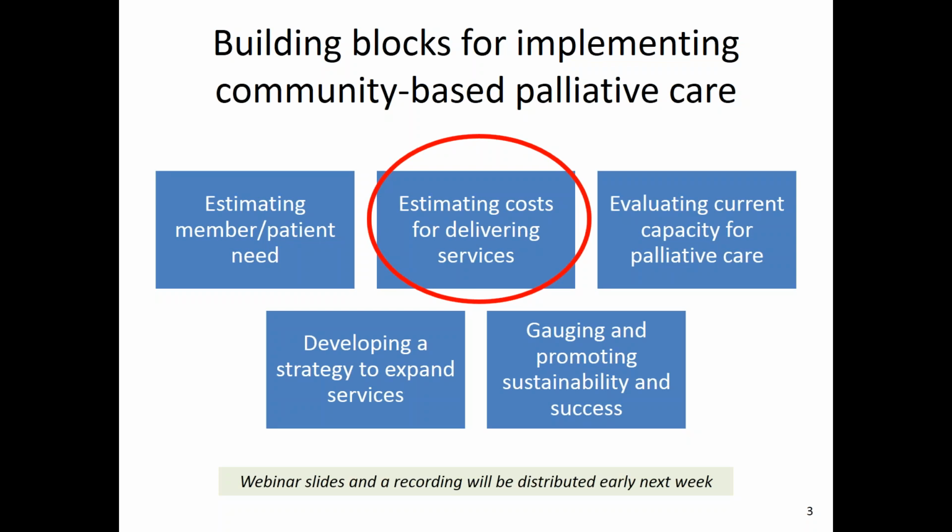Back in July and August, we tackled topic 1, which was estimating the number of members who would be eligible for SB 1004 palliative care. We did a webinar and we had 3 workshops, and those were great fun. Hello to everybody who's on the line who attended those. Today is topic number 2, estimating costs for delivering services.